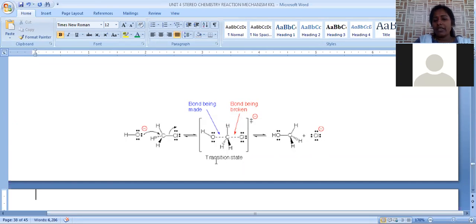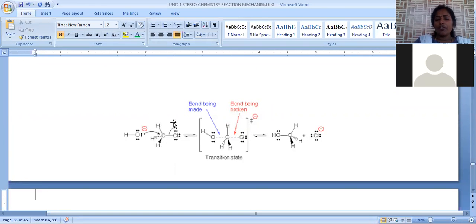Hence it is called a pentavalent transition state, where 3 regular bonds will be there and 2 dotted line bonds will be there. These dotted line bonds are nothing but partial bonds only. One of the bonds is slowly breaking, the second bond is slowly making. Here weakening of bond is possible. Slowly this chloro group is detached from the molecule and we will get the product from the back end side.